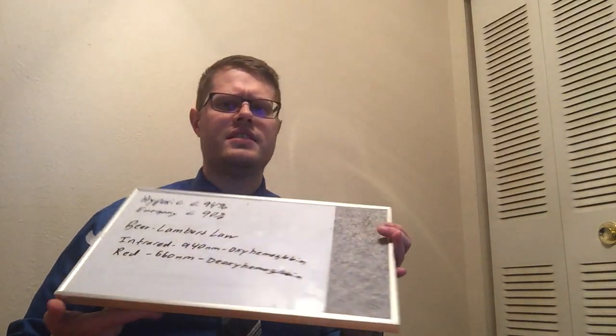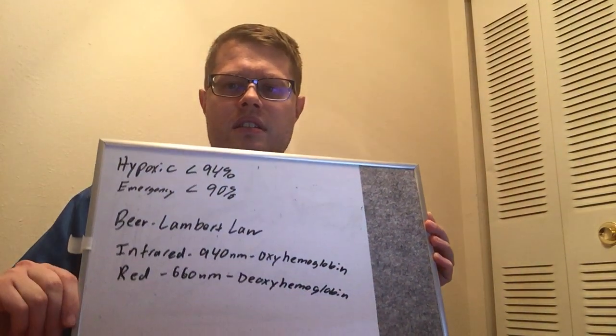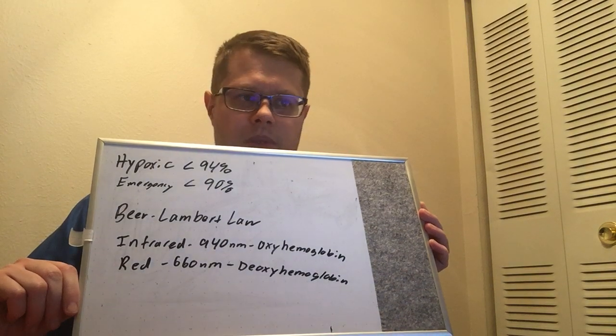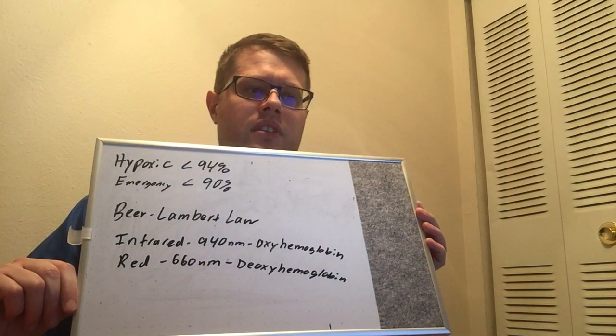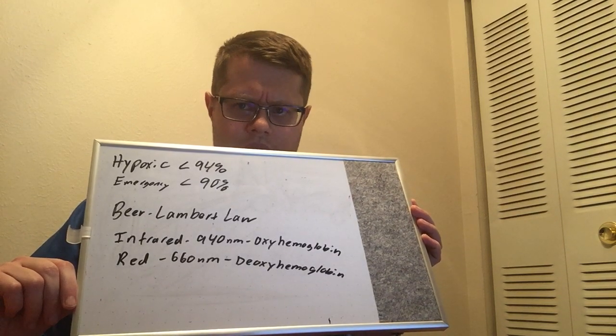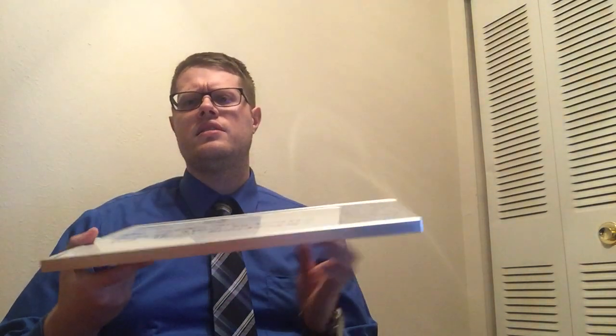Skipping ahead to the pulse oximeter with the absorption wavelength diagram. It uses red light and infrared light. At 660 nanometers, the red light, deoxyhemoglobin is more absorbed, and the infrared light at 940 nanometers is where oxyhemoglobin is more absorbed. So a couple slides ago, we talked about things that can give you false readings.